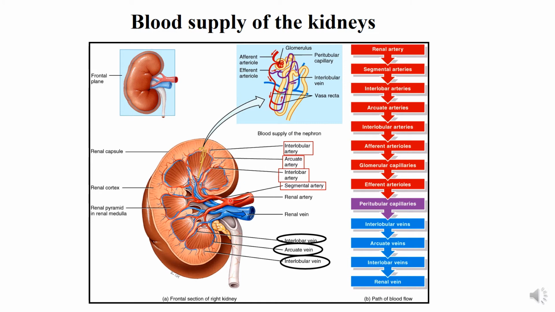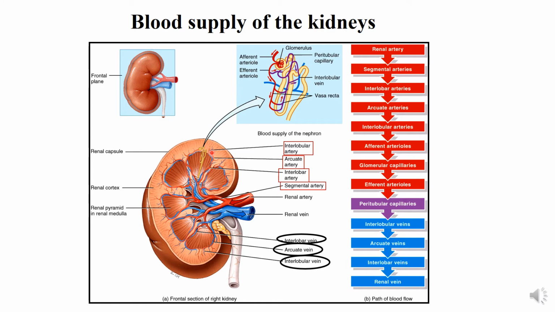So you have the renal artery, segmental artery, interlobar artery, and then the arcuate artery. These arcuate arteries radiate outward and enter the renal cortex. Once they enter the renal cortex, they give branches called the afferent arterioles, and these afferent arterioles go to the nephron.